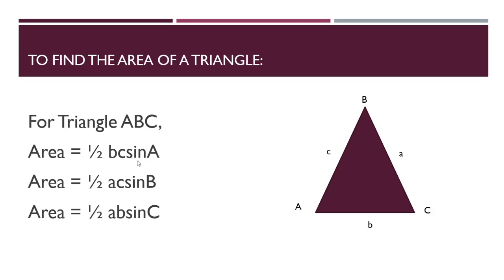So you see for the first one, we have sine of angle A. We're going to multiply that times the two other sides. So we have A as the angle, and then B and C as the sides. For this one, we have A and C as the sides, and then the sine of the angle B. So we're never repeating any letters here. We have A, B, and C in some form for each of the areas.